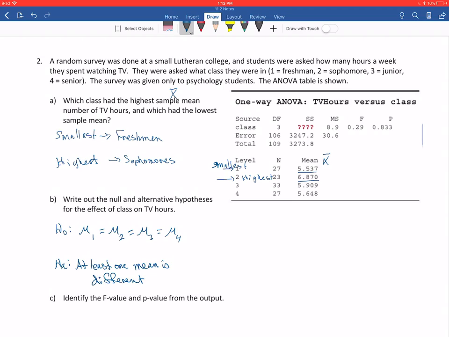And another thing that we're saying when we claim this is that if all of the means are basically the same, then there's no association between your class and your TV hours. Those things don't affect each other in any way, because it's all basically the same no matter what class you're in. But if at least one of them is different, then I'm saying that there is an association between these things.